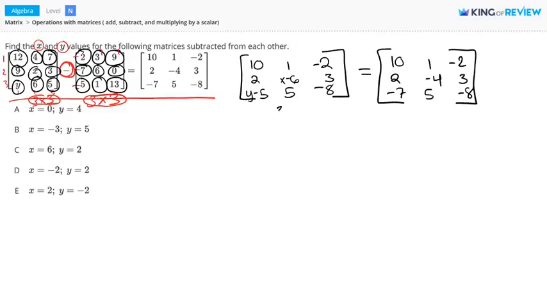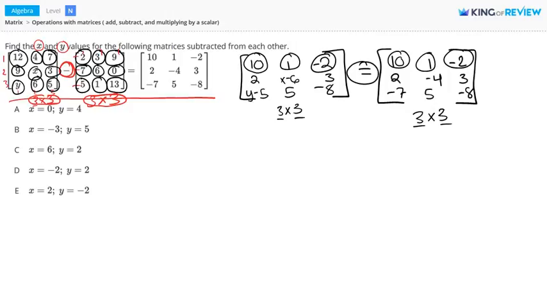So this is a 3 by 3 because it has 3 rows and 3 columns, and this is a 3 by 3 matrix because it has 3 rows and 3 columns. They're set equal to one another, therefore the corresponding entries are equal to one another. You can see that. 10 is equal to 10. 1 is equal to 1. Negative 2 is equal to negative 2.